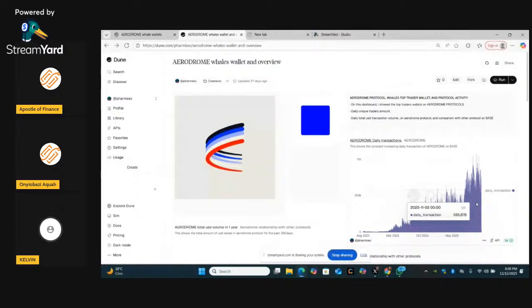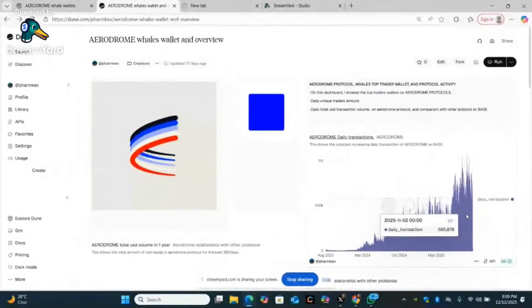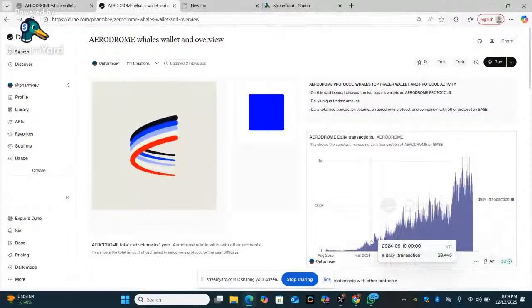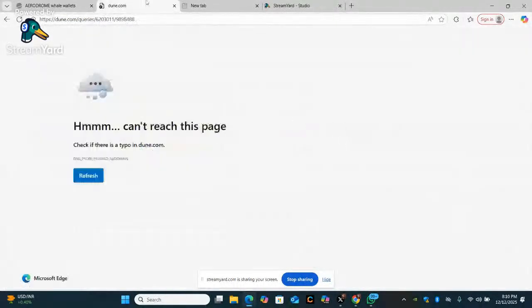It shows us that this is one of the DEXes in the Base ecosystem that has been getting proper attention and good traction from people over the years and months. As I show the visuals, I will also show you the query.